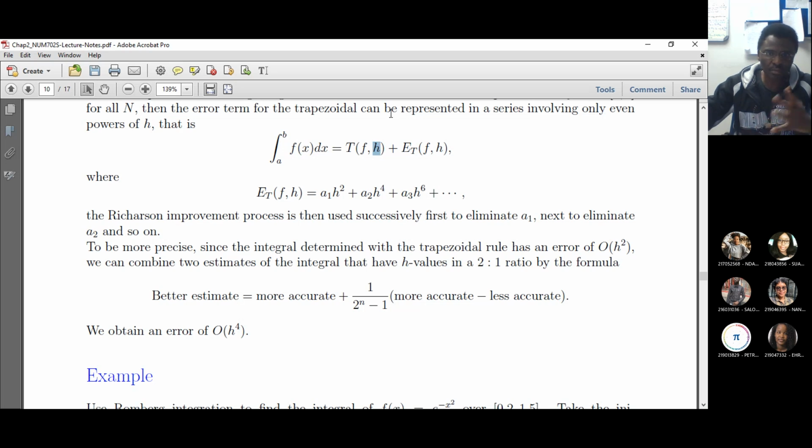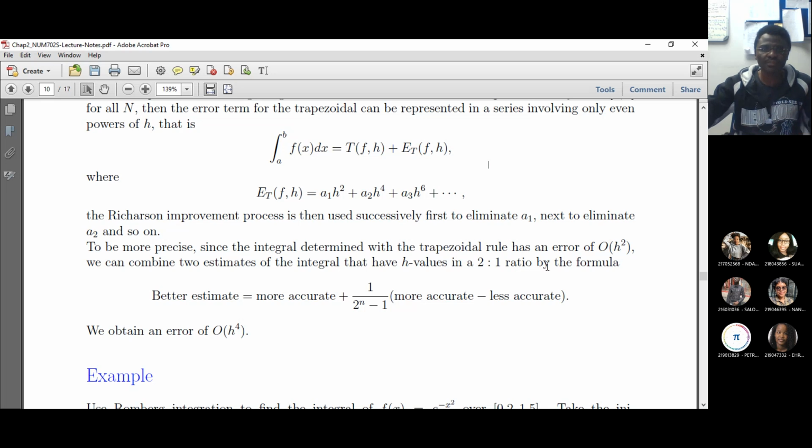We can halve or we can double, which is in a certain manner the same thing. That's why we call it the 2:1 ratio. If I use h, next time I use h by 2, so I'm halving. Or if I'm using 2h, next time it is h. That's what we call the 2:1 ratio.